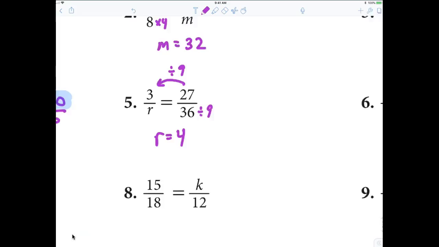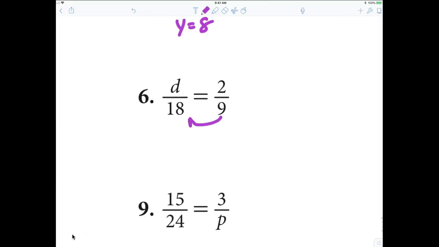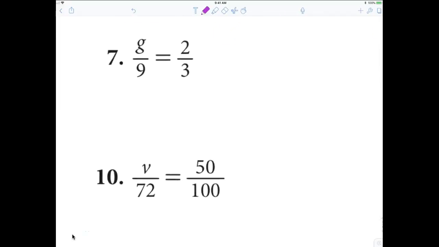All right, let's take a look at question 6, see if we see a relationship. So from 9 to 18, I had to do what? Multiply by 2. So I had to multiply this by 2. So D is equal to what? 4. That was easy, right? D equals 4. All right. Let's take a look at 7.